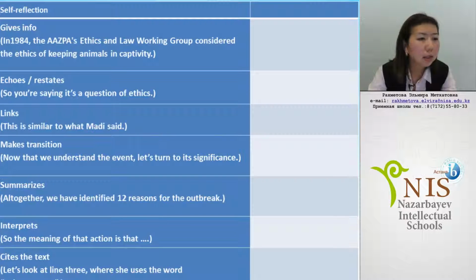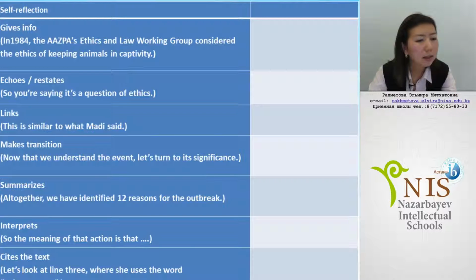The next is echoes and restates. So here is an example. So you're saying it's a question of ethics and links. This is similar to what Madi said. Makes transition. Now that we understand the event, let's turn to its significance.